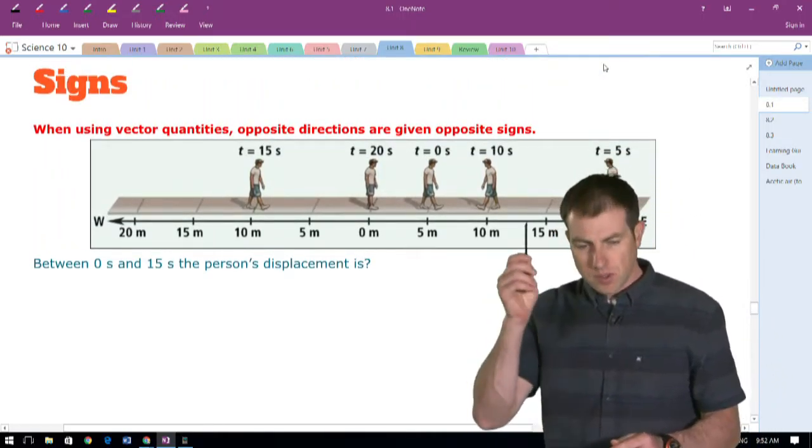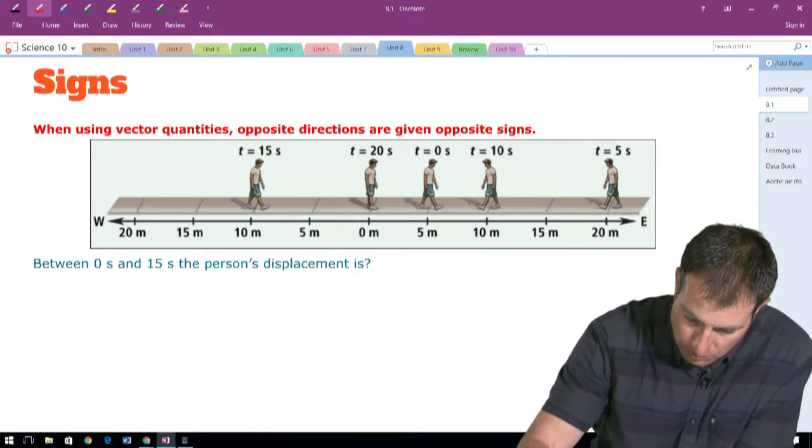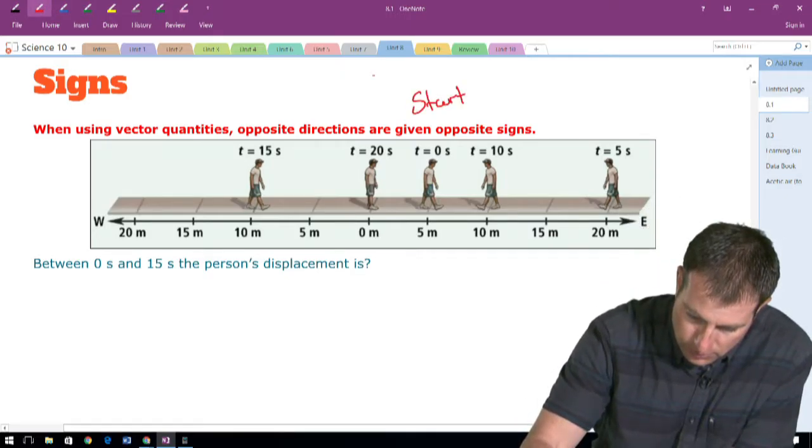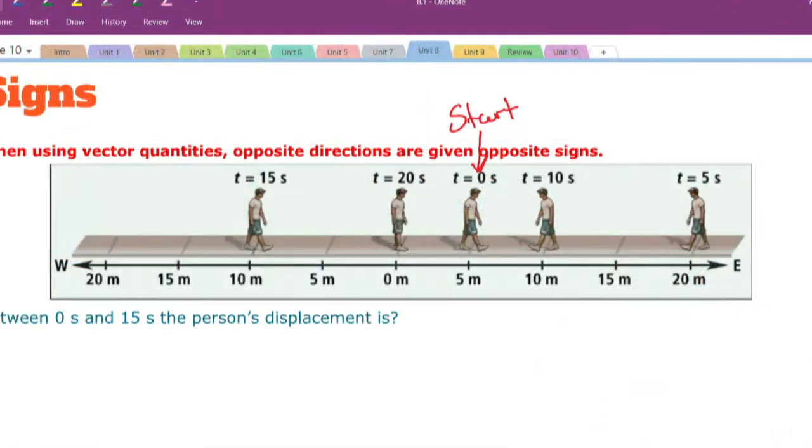So above the person's head, you see 0 seconds. So this is the starting point right here at 0. And then it looks like t is 5. So 5 seconds later, this person walked to here. And then another 5 seconds have passed. The person's kind of walked back to here.